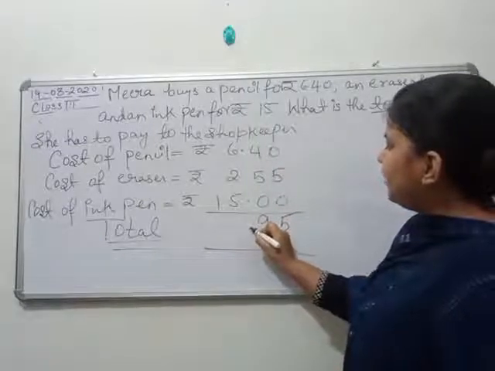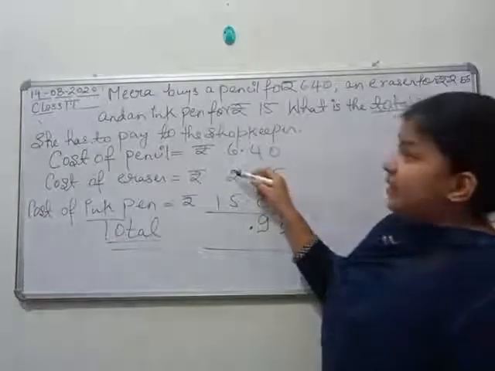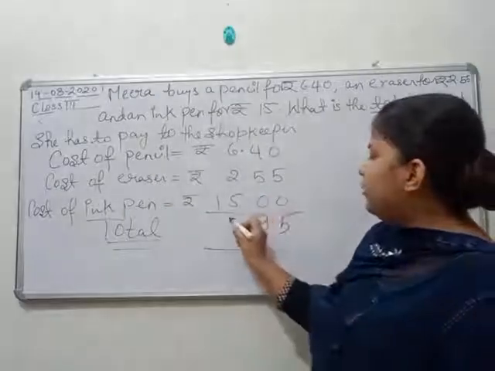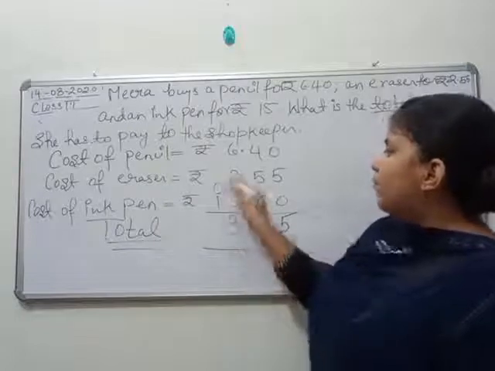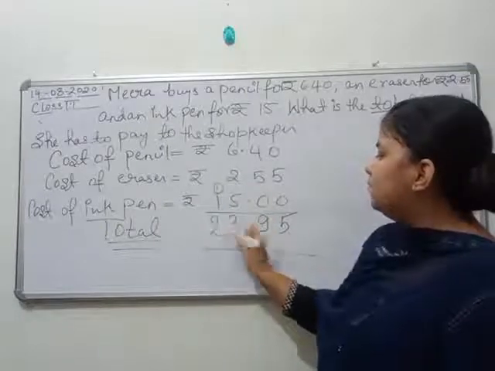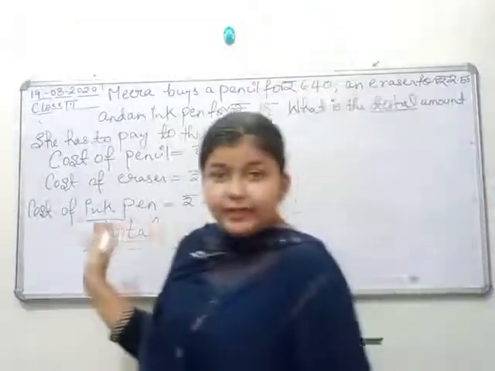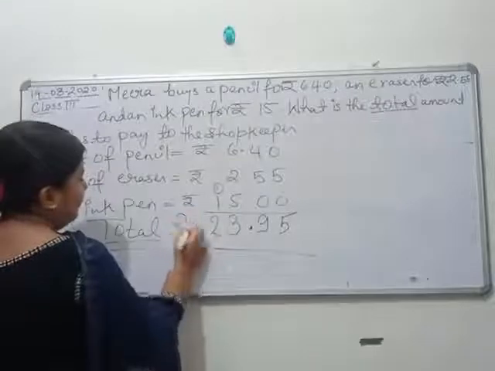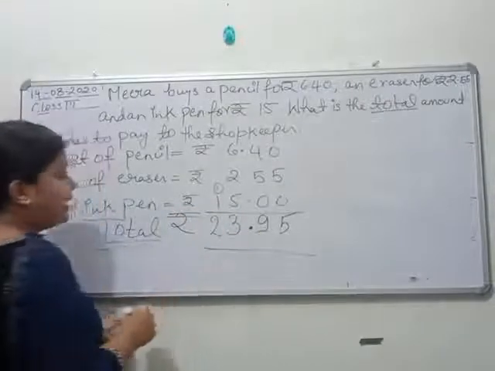Make a dot here also. 5 plus 2 is 7, 7 plus 6 is 13. For 13 you will write 3 and give carry 1 here. 1 plus 1 is 2. So now our answer is 23 rupees and 95 paise.